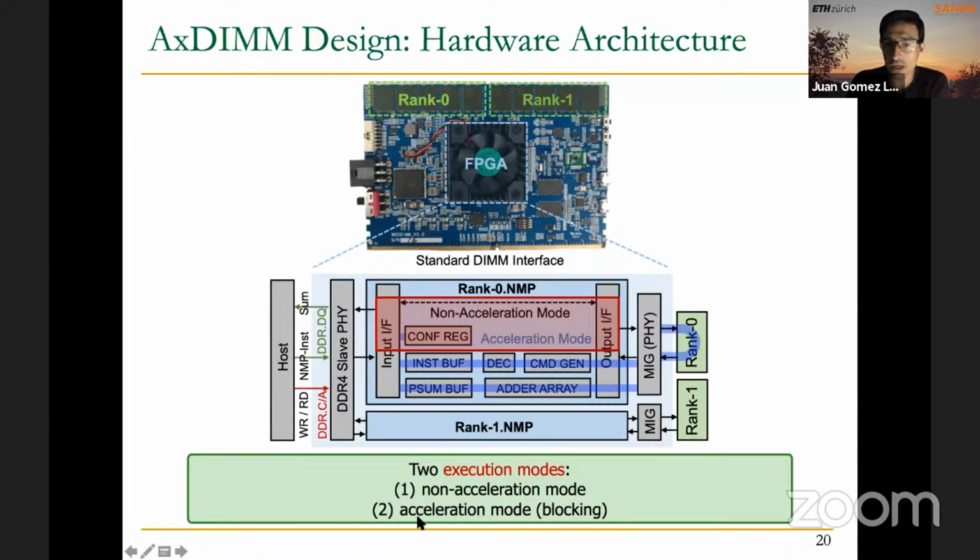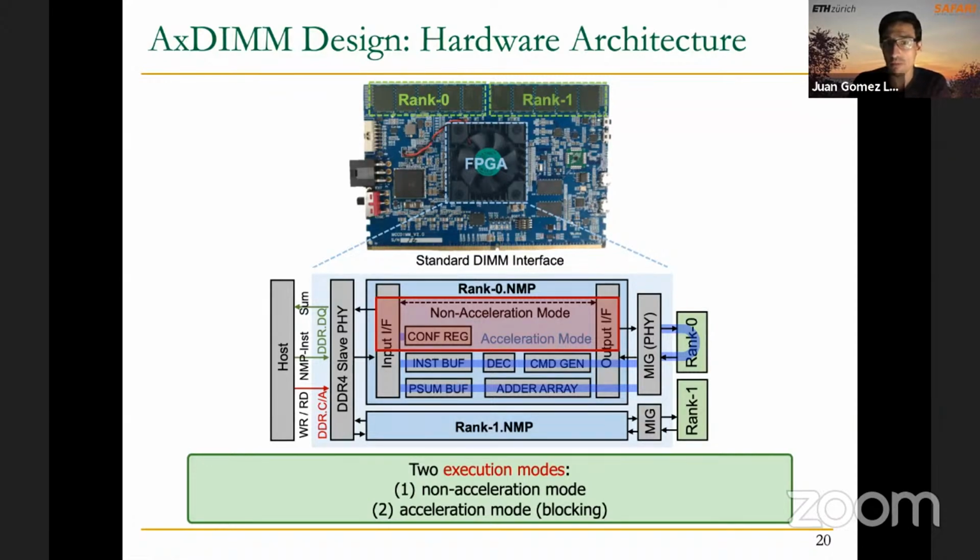One important thing to remark here is that the acceleration mode is blocking. What this means is that when we are in the acceleration mode, the NMP units in rank 0 and rank 1 can access data in the corresponding rank, but not the host CPU. So while we are in the acceleration mode, the host cannot access the DRAM. Observe that this is similar to what we have seen in other real-world processing-in-memory architectures.